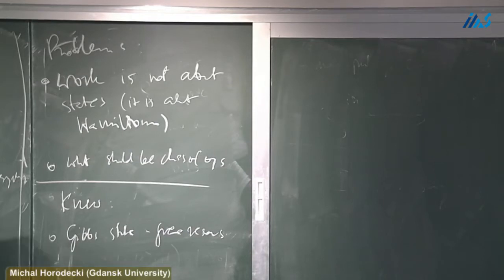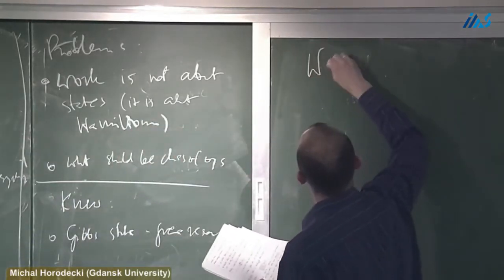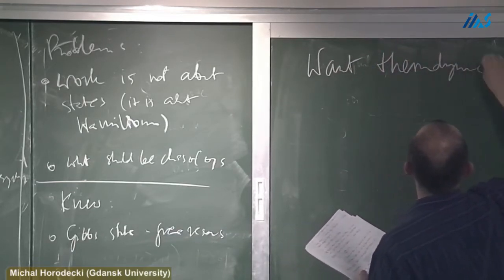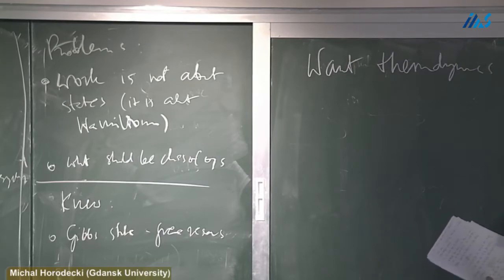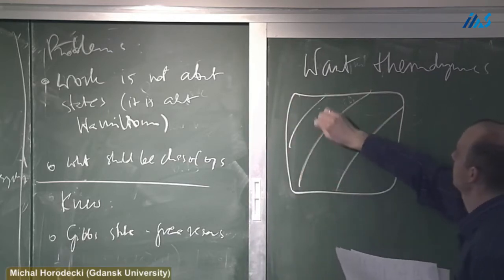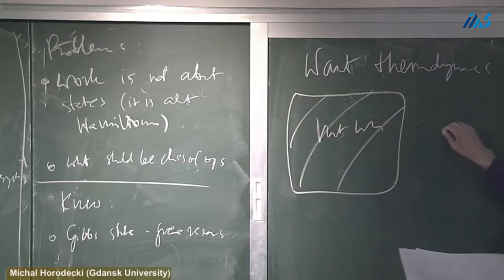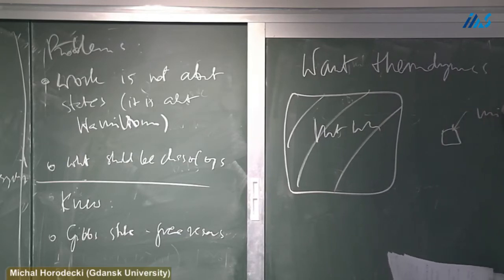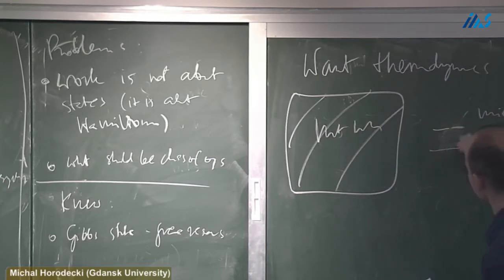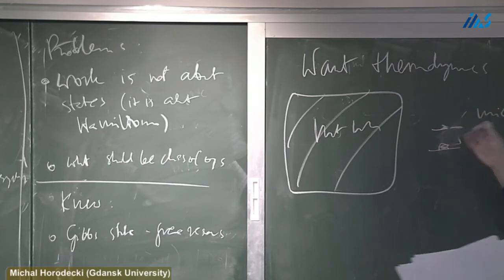So one problem is this: we want thermodynamics of systems, and the other problem is we want thermodynamics of microsystems. What do we mean? I mean this: we have here a heat bath, and here we have some microscopic system, which is, for example, just a two-level system, or just a small system.